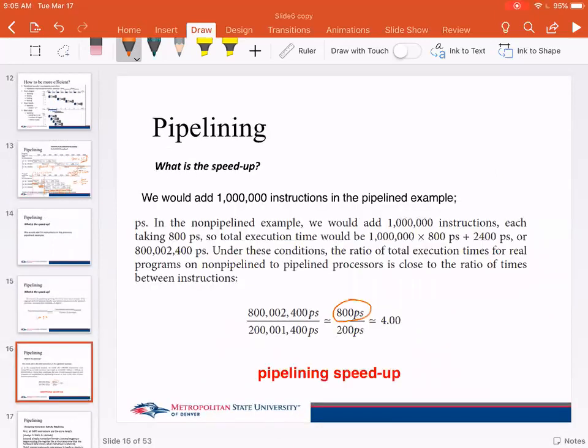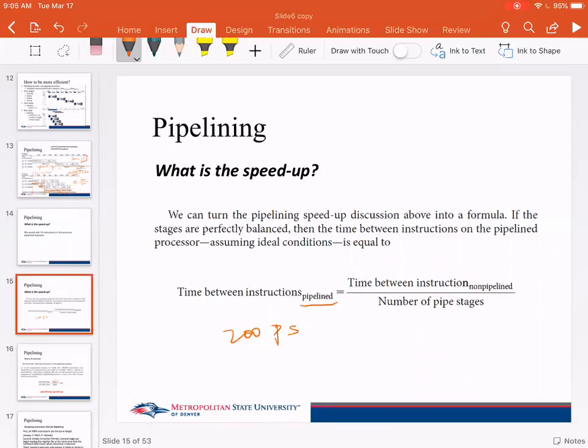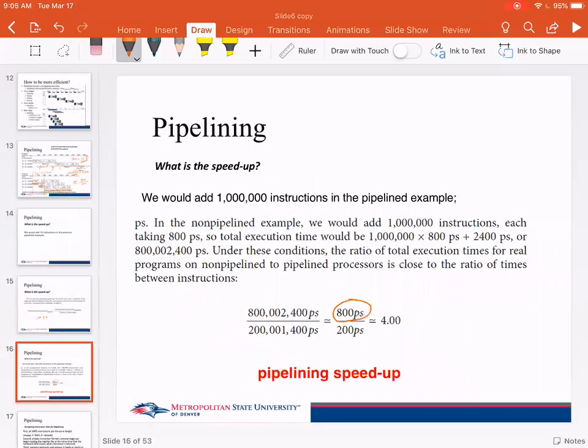And the 800 is the non-pipelined version, the time we need to execute one full instruction using a non-pipelined version, right?